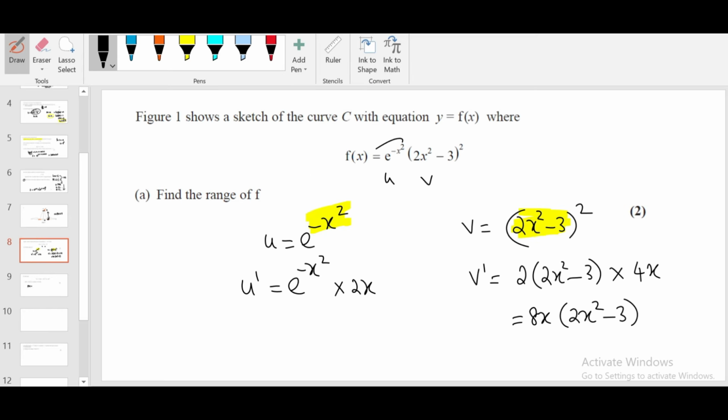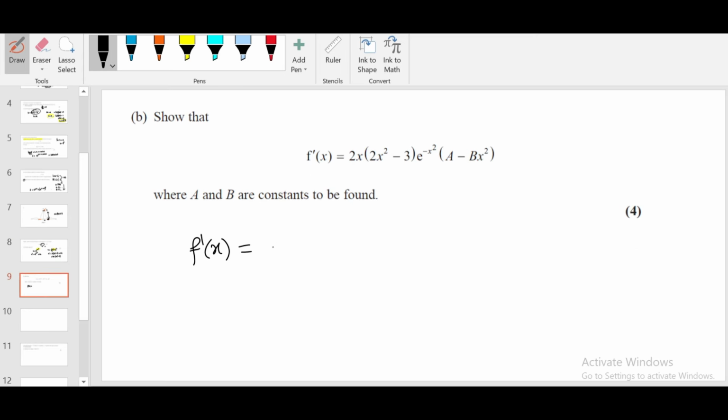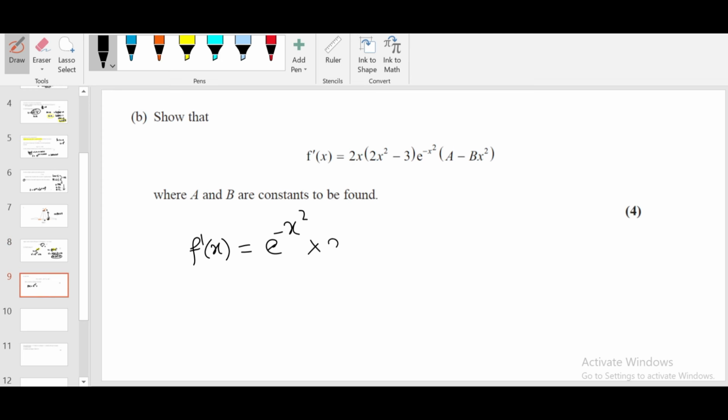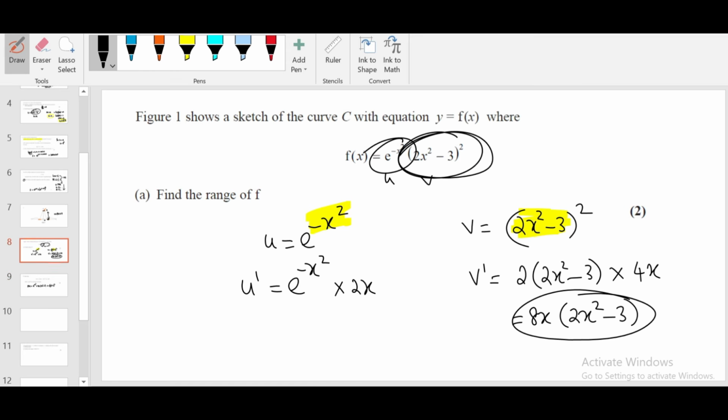First function is e to the power minus x squared as it is, times derivative of the second function, which is 8x times 2x squared minus 3, plus, keep the second function as it is, which is 2x squared minus 3 whole squared.